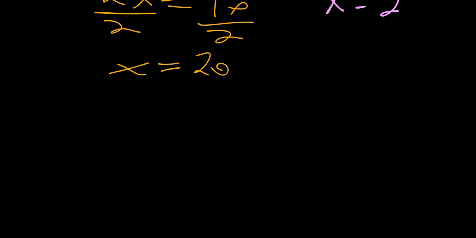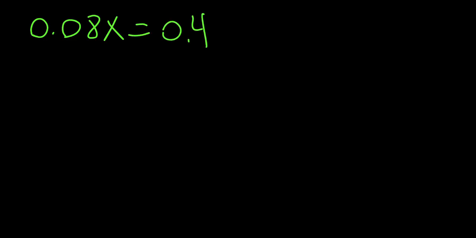I want to scroll down and give you one more decimals on both sides example. That will be 0.08x equals 0.4. Let's take that one. So what is the approach we take on this type of problem? What do you think? Well, the approach we need to take is multiplying by a power of 10.